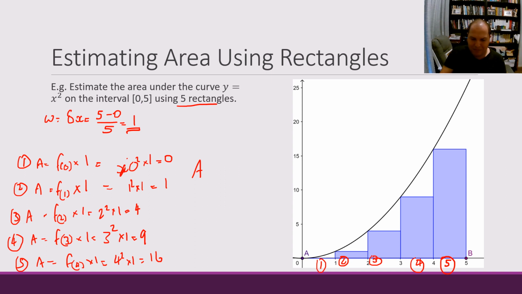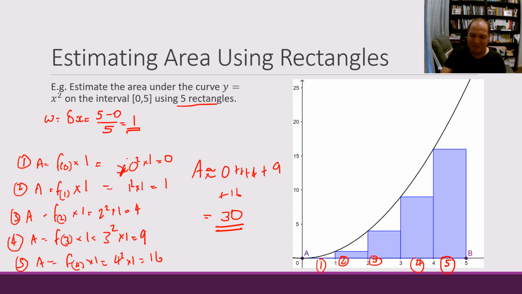So my area is going to be approximately equal to the sum of all these values, 0 plus 1 plus 4 plus 9 plus 16 equals, I think that's 30. So the area under the curve here is approximately 30, you could say 30 square units.